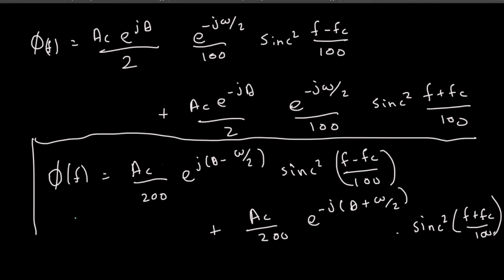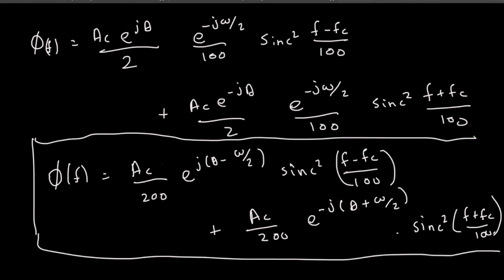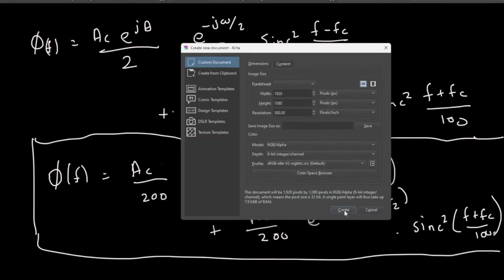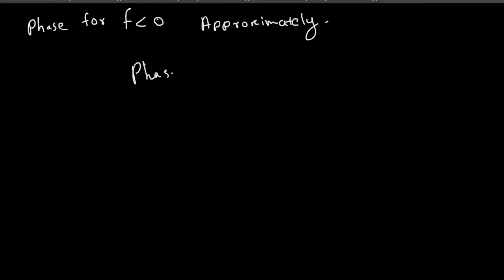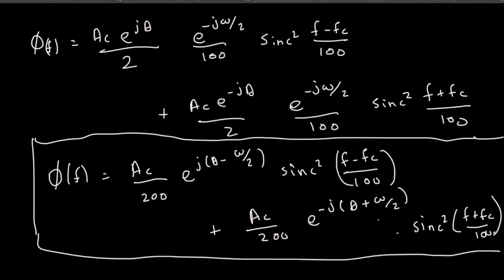From this one we can go ahead and draw the diagrams. Okay, phase for f less than 0, approximately phase phi is equal to negative theta minus omega by 2, right here.